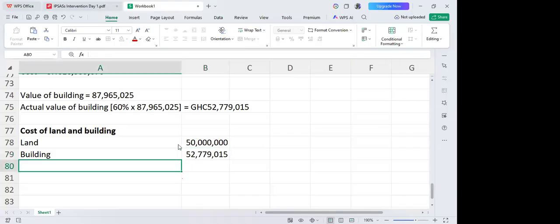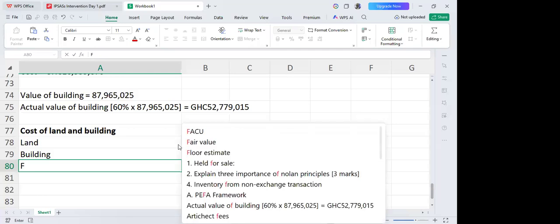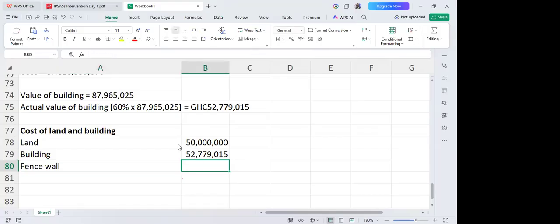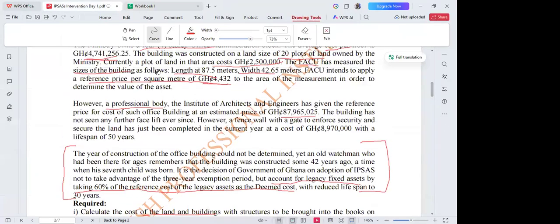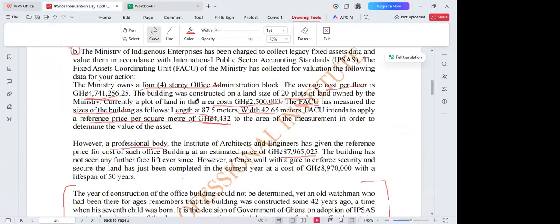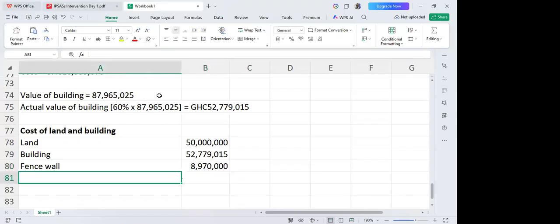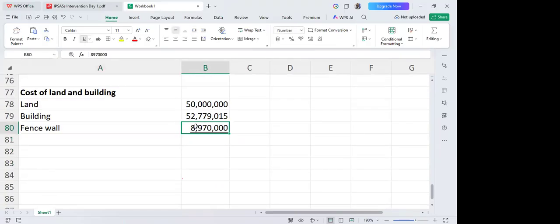For the fence wall, we're given a value straightforward, so we don't have to worry about that: 8,970,000. When we are done, you sum all of them to get the value of your land and building in totality.